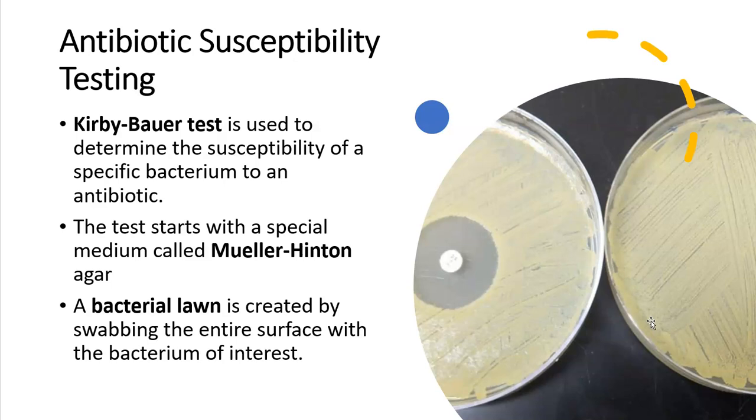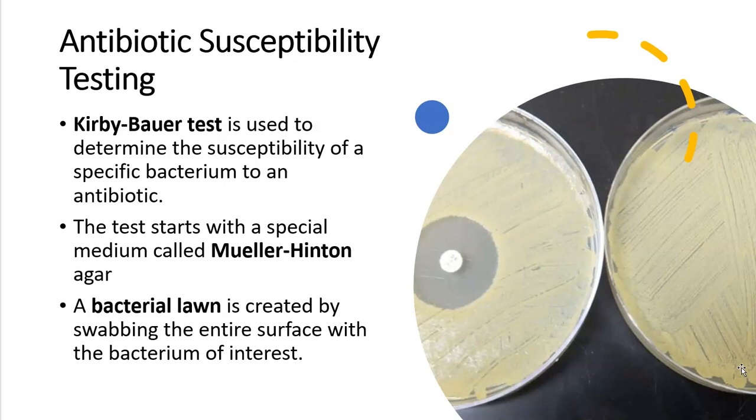When you do a streak plate technique, you want it to be nice and diluted so you get isolated colonies. Not with a Kirby Bauer plate. When you inoculate the bacteria onto the plate, you want to make sure you are thorough and that every square inch of that plate makes contact with bacteria, and bacteria have the ability to grow.